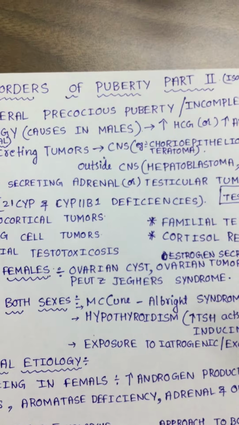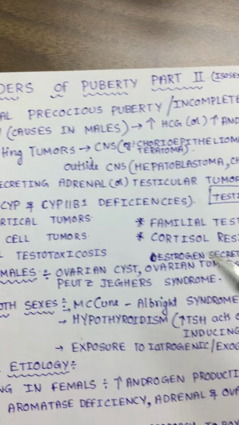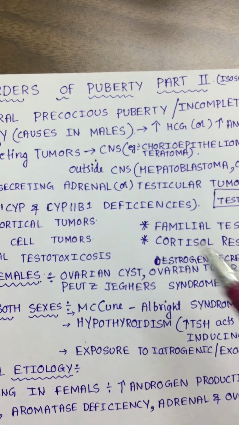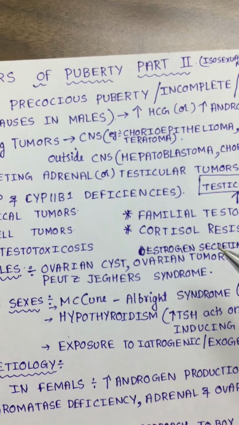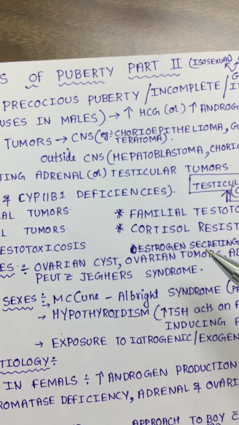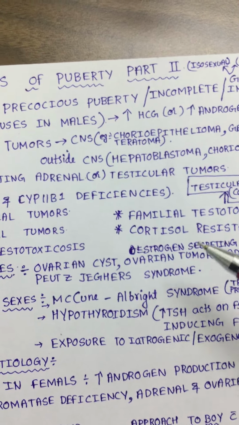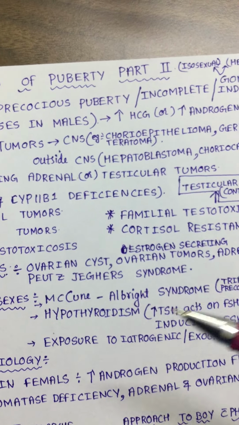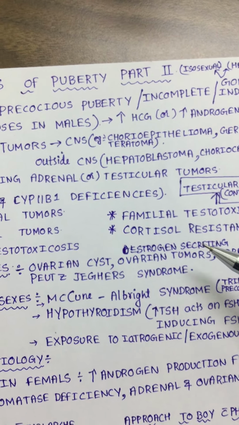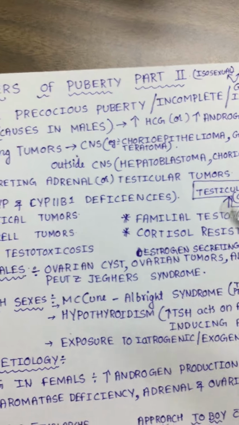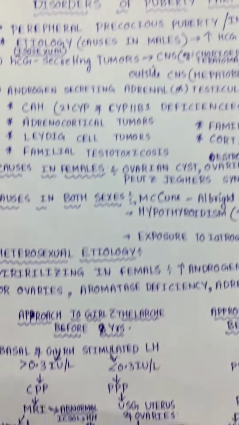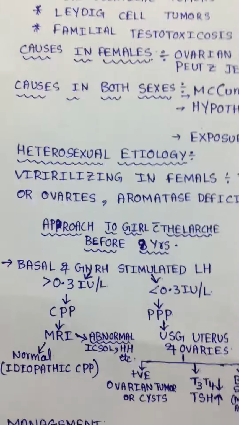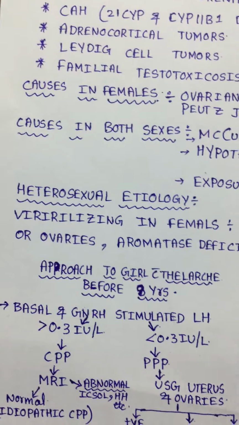In females, for isosexual, it's not androgens, it's estrogen, because isosexual should have the same sex steroid hormone synthesis. Estrogen is the female sex steroid hormone, so whichever tumors or conditions secrete more estrogen lead to isosexual precocious puberty in females.